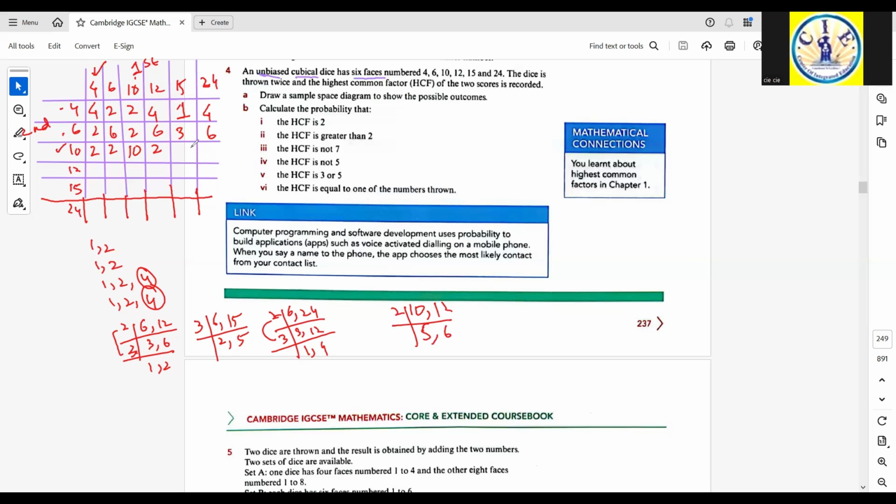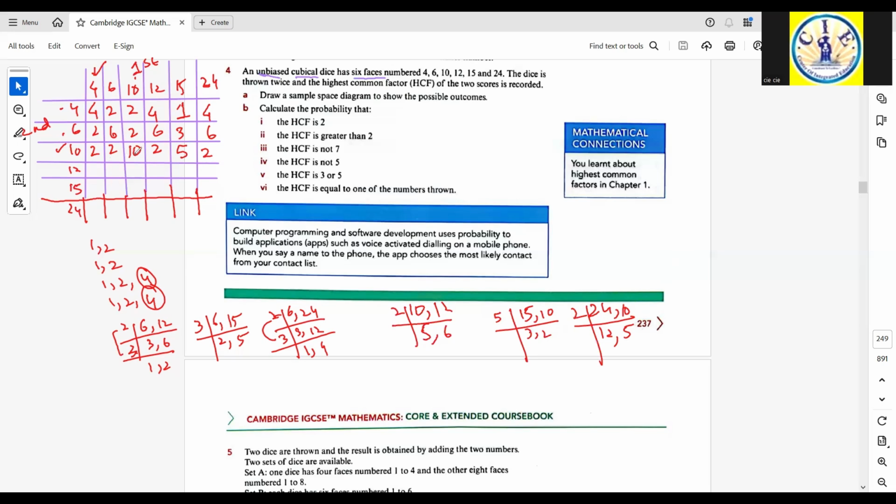For 15 and 10, this is 5, 24 and 10, this is going to be 2. Let me show you 15 and 10. 5, these are 5 3s are 15, 5 2s are 10, and then 24 and 10. 2 12s are 24, 2 5s are 10, and that's it.